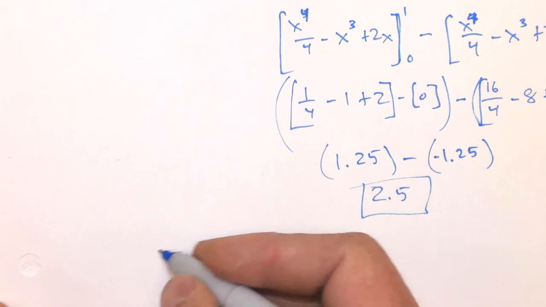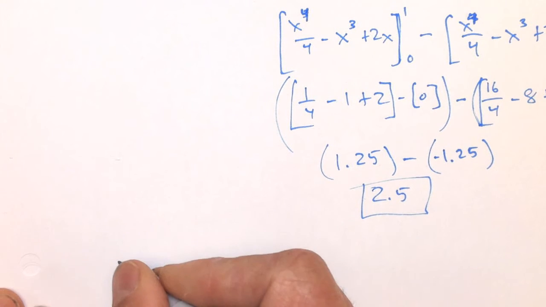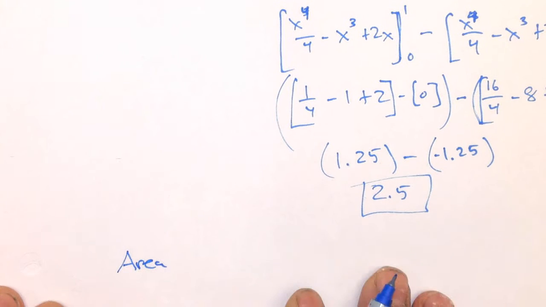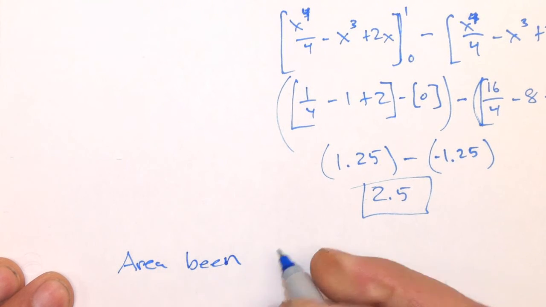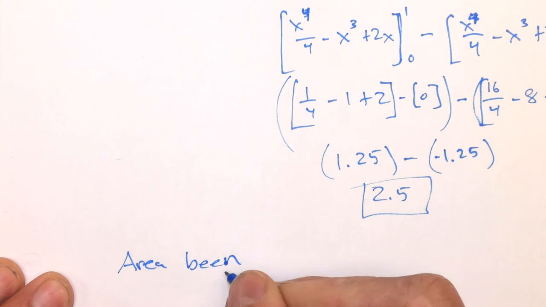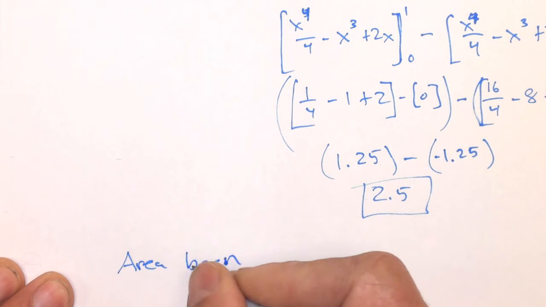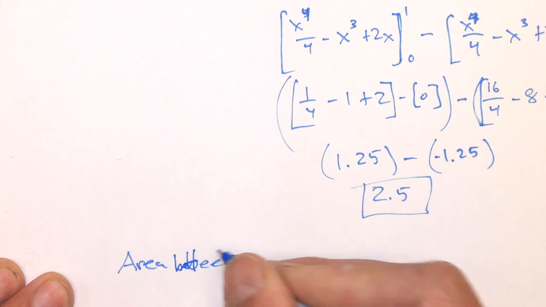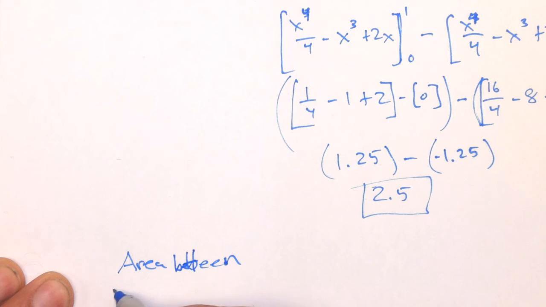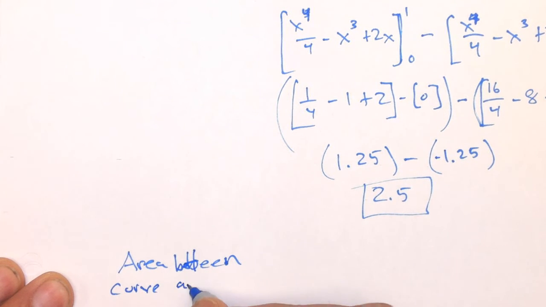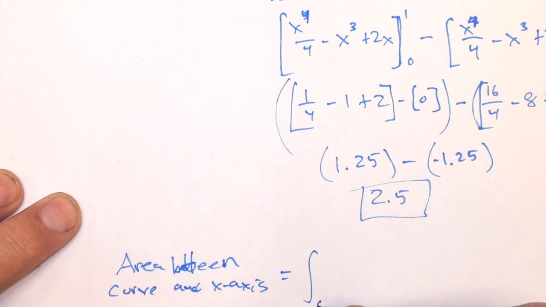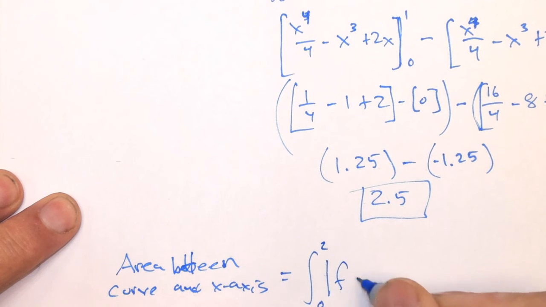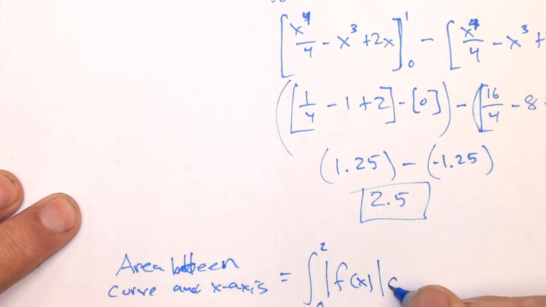So I'm going to say that this area between the curve and the x-axis could also be calculated by taking the integral from 0 to 2 of the absolute value of f of x dx.